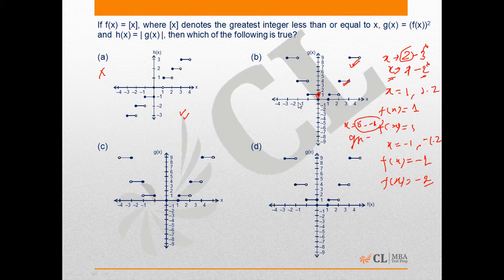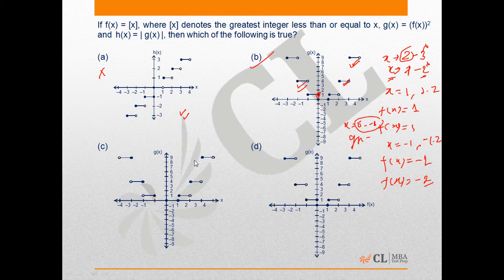In that case the value of g of x will be plus 4. So graph B holds true and it has to be our answer, but we can check other graphs as well just to see whether they can be answered or not.